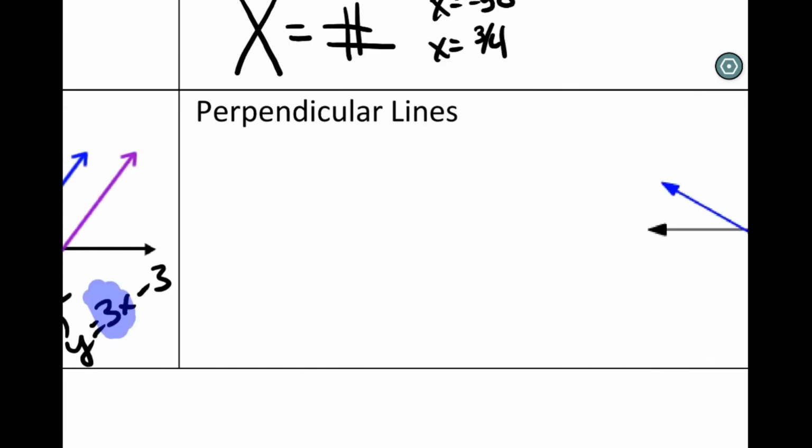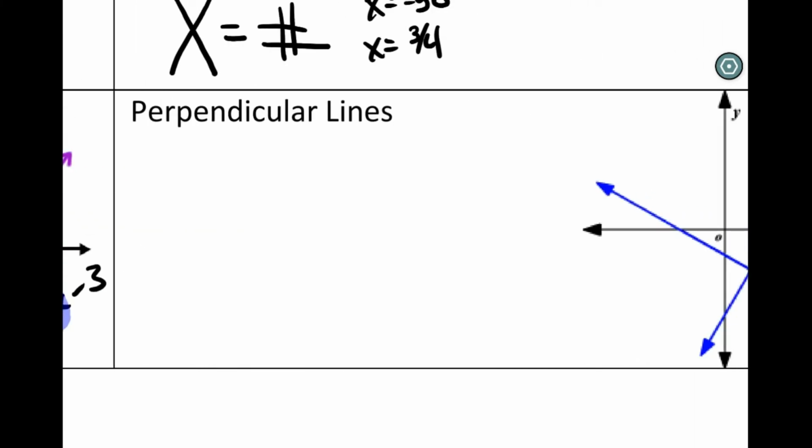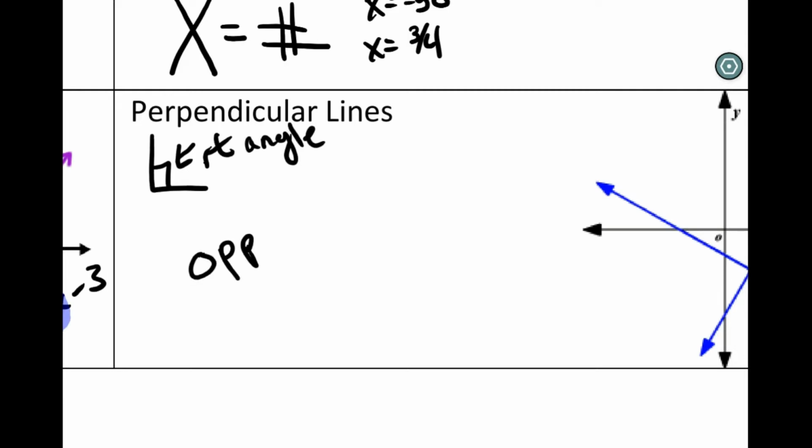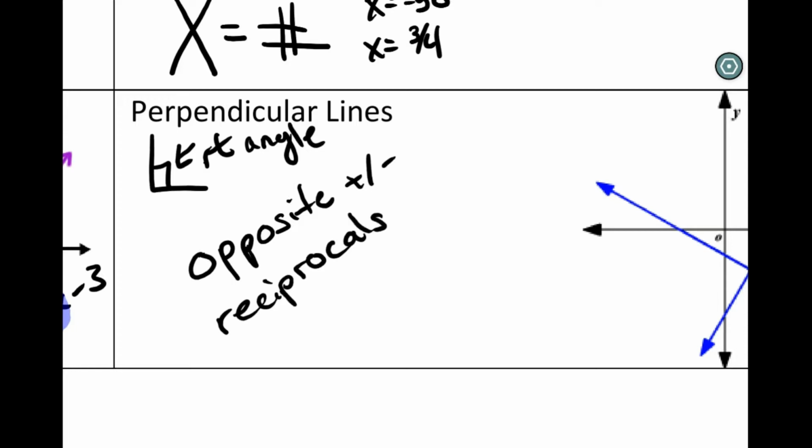For perpendicular, and if you aren't sure, perpendicular means they make a right angle, their slopes have to be opposite of one another. So positive, negative, and reciprocals. So A over B, B over A.